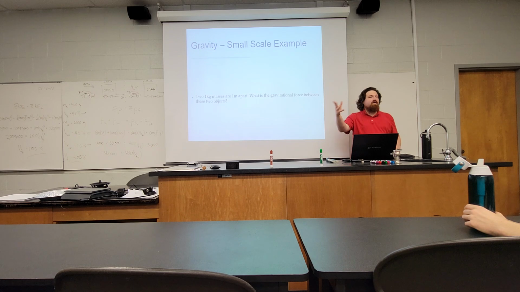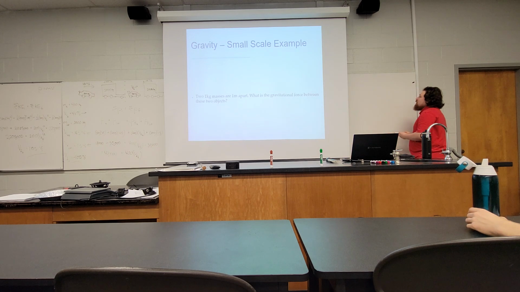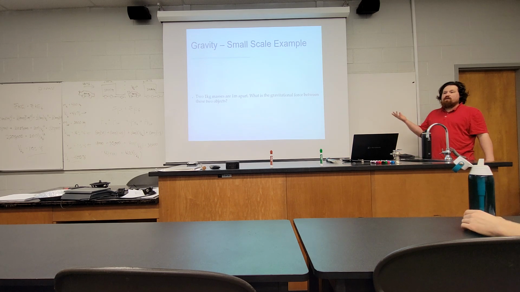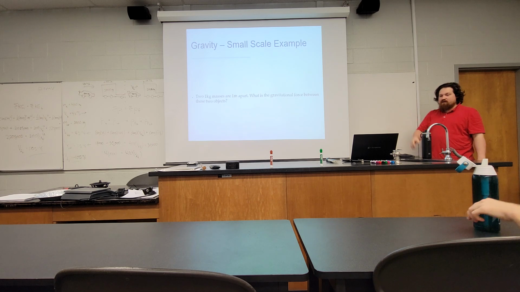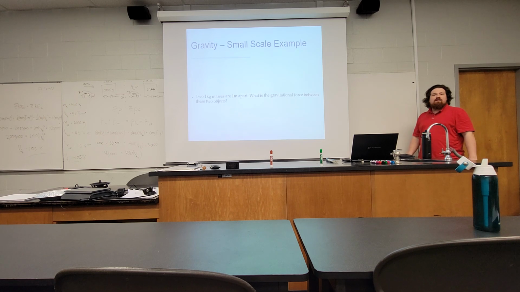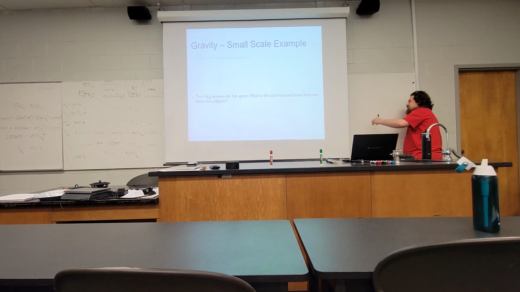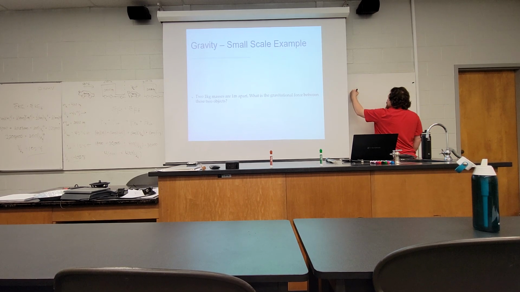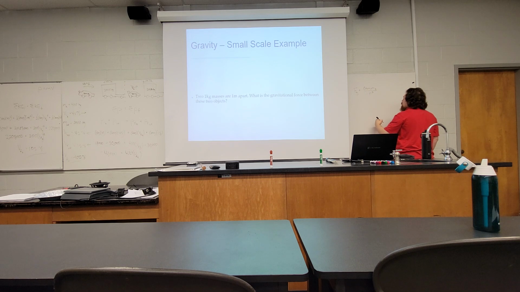So this is not to scale. We could use the formula to find the force of gravity between these two things. Do you think it's going to be a very big number? No. That is a totally valid expectation. Force of gravity is big G times the two masses over radius squared.